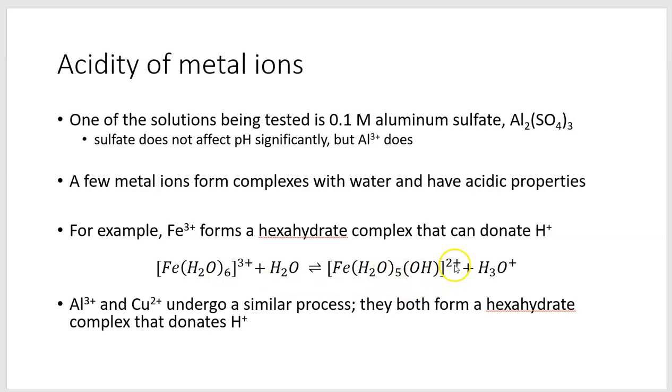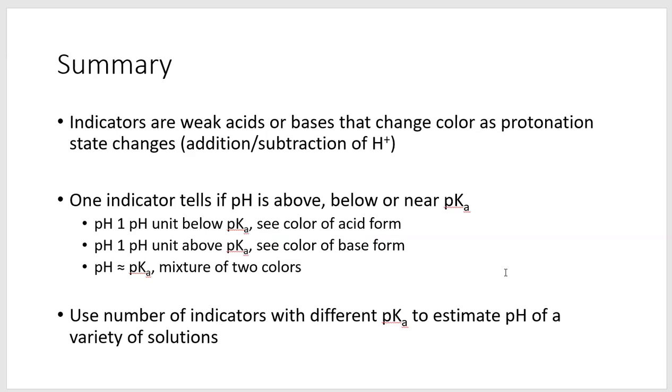So an H plus has been donated, the overall charge changes from 3 plus to 2 plus, and now we have 5 waters and 1 OH, and we've formed hydronium. Aluminum 3 plus and copper 2 plus also undergo this process. They both form hexahydrate complexes that are acidic.